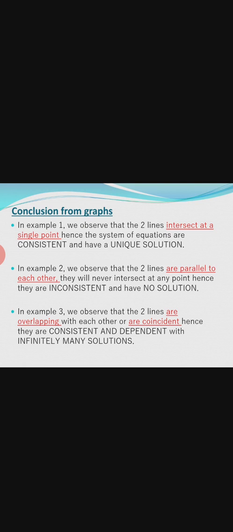Now parallel lines, that means they will never intersect at any point. Hence such a pair of equations is called inconsistent and has no solutions. And the third case, where we saw that lines were overlapping or coincident with each other, is consistent and dependent and has infinitely many solutions.